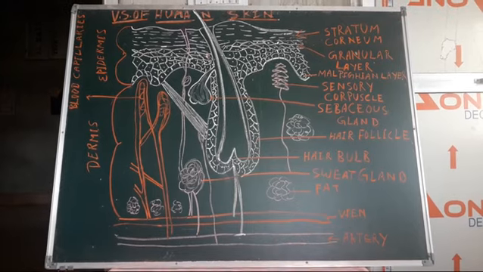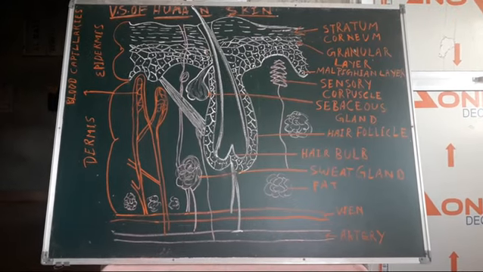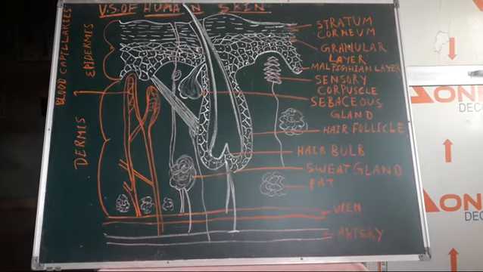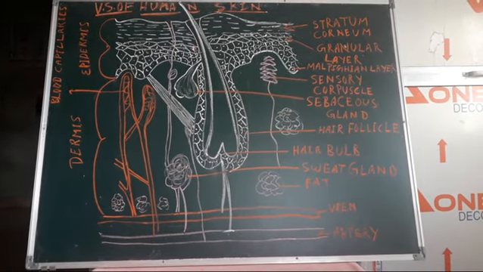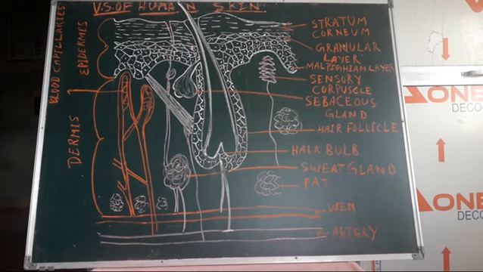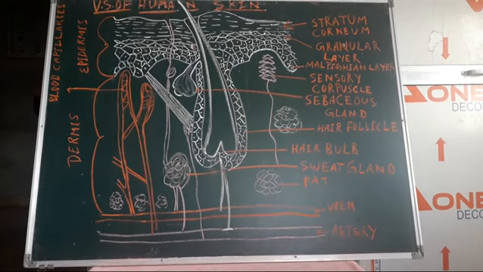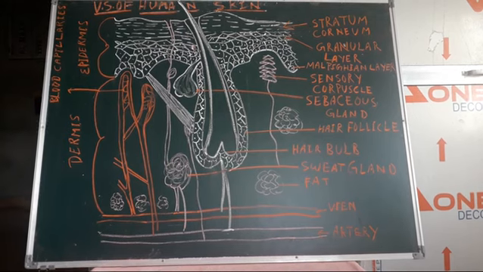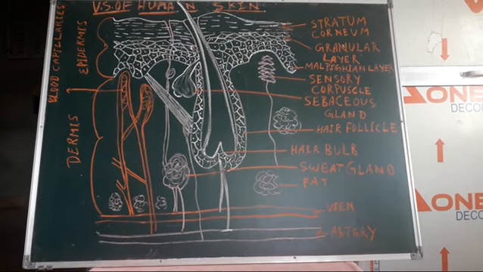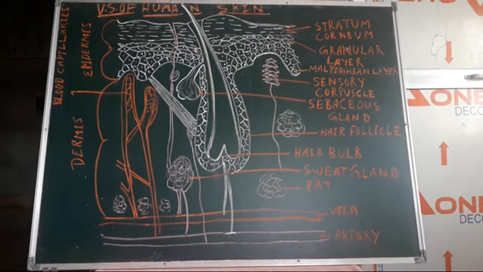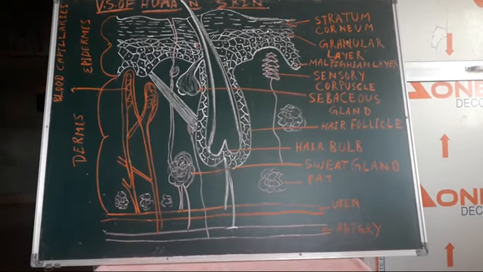Because they do not have skin pigmentation, the offspring or children also will not have skin pigmentation, and their skin has no coloration. So I finish here this part, only the epidermis part.